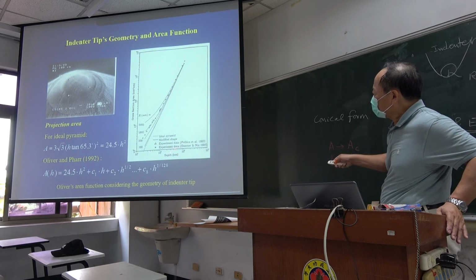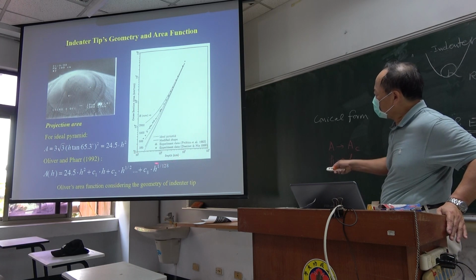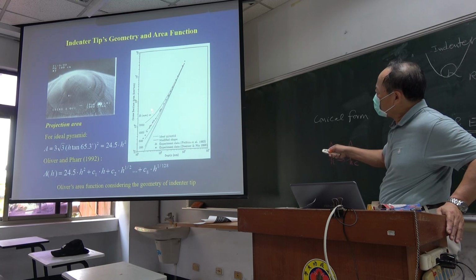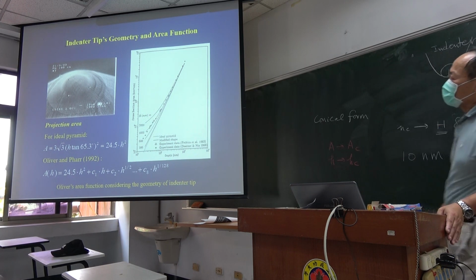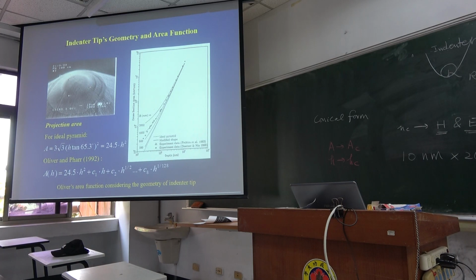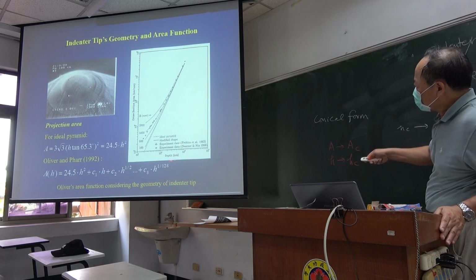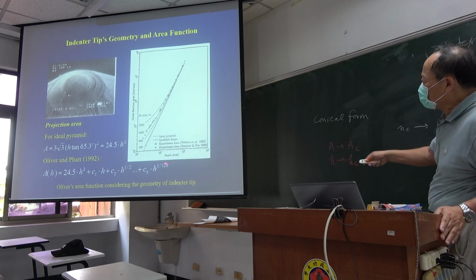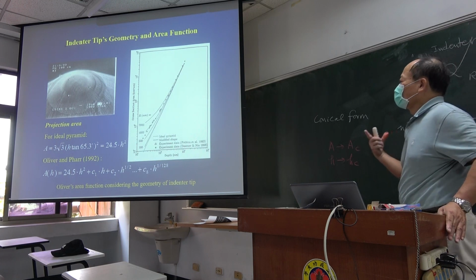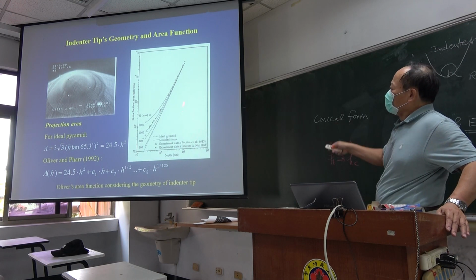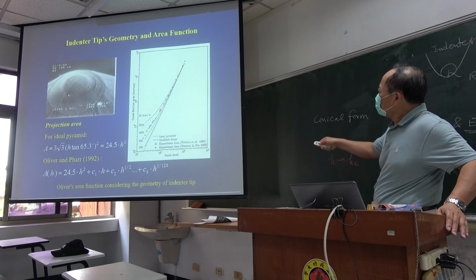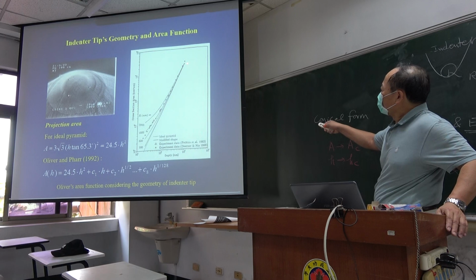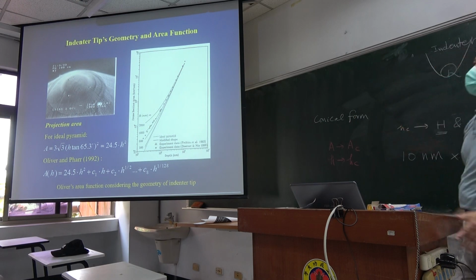When you are operating at small depths, you will find that all the cases, including the experimental results and the theoretical analysis results, have a big difference. So a big difference always exists when you operate at small indentation depths. But if you increase your indentation depth to a large value, you will find that all of these curves are grouped into one curve.